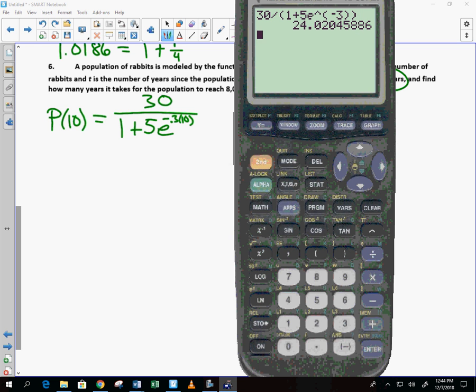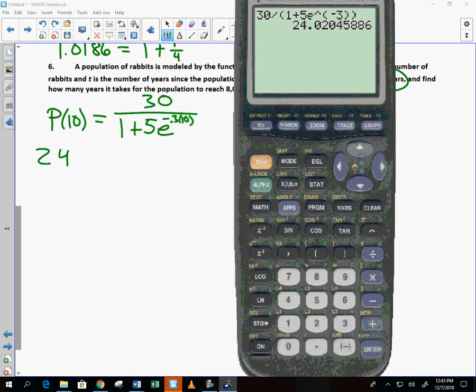And I get 24 rabbits. That doesn't seem right. 24 rabbits. 24,000, because it says that we're measuring the population in thousands.